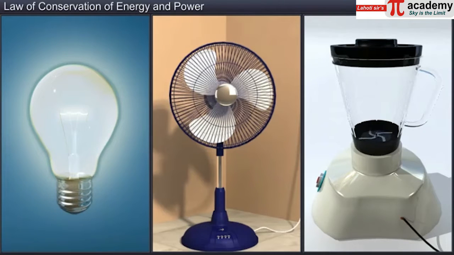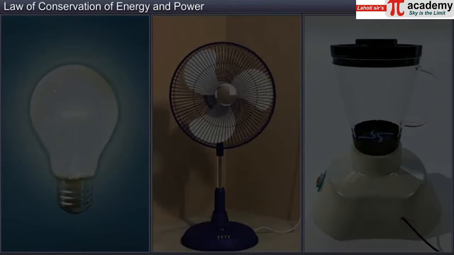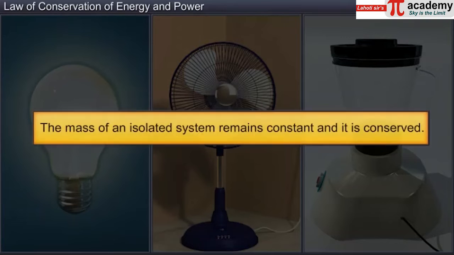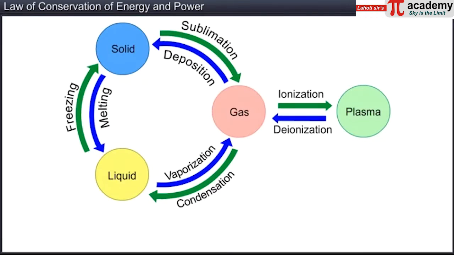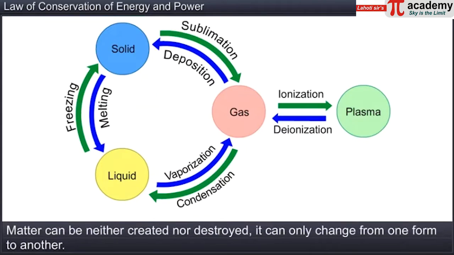Till the late 19th century, physicists were of the view that the mass of an isolated system remains constant and it is conserved. They believed that matter can be neither created nor destroyed. It can only change from one form to another.